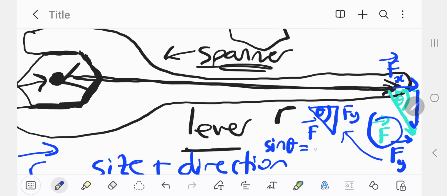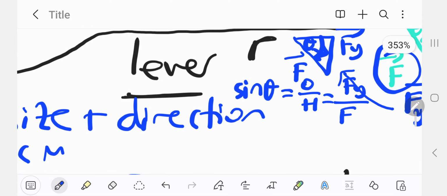Sine theta is opposite over hypotenuse, because F sub y here is the opposite, and F is the hypotenuse. Ignoring directions for now, because we're only interested in size, magnitude, using algebra we find that F sub y, the vertical component, is just F sine theta.